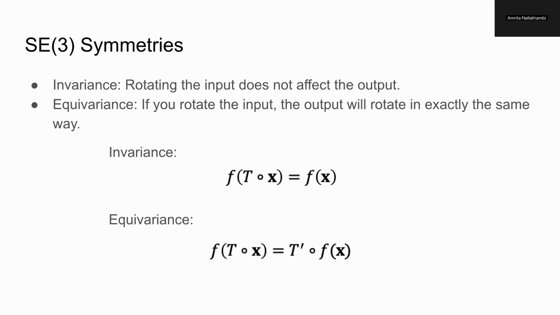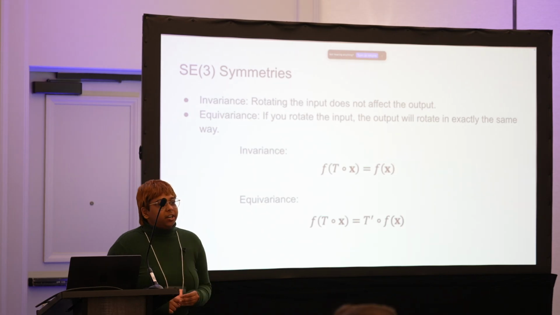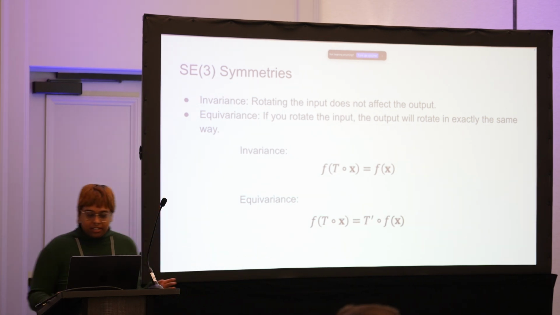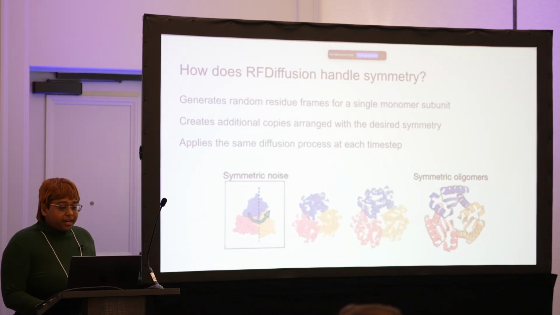In contrast, equivariance is sort of a complementary concept, but in this case, when you rotate the input, the output is going to also rotate equivalently. So RFDiffusion, because it's built off of RoseTTAFold, which is equivariant, also turns out equivariant. So just keep that in mind.